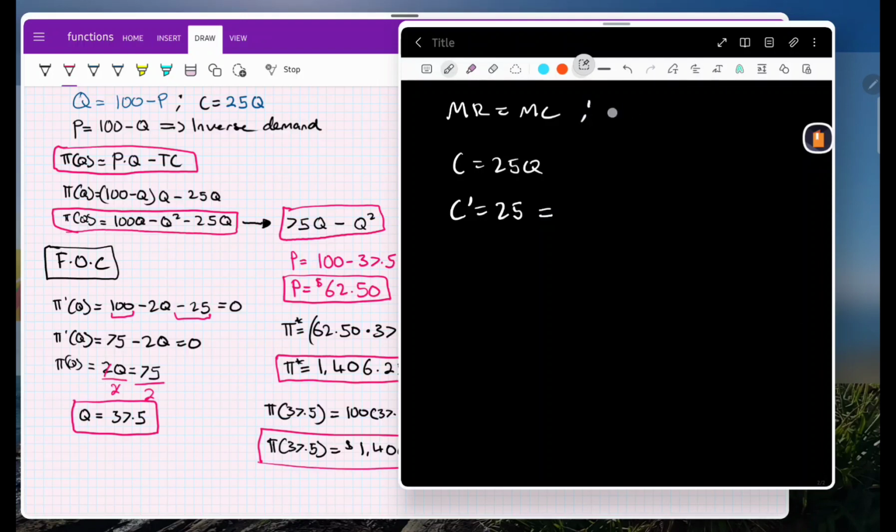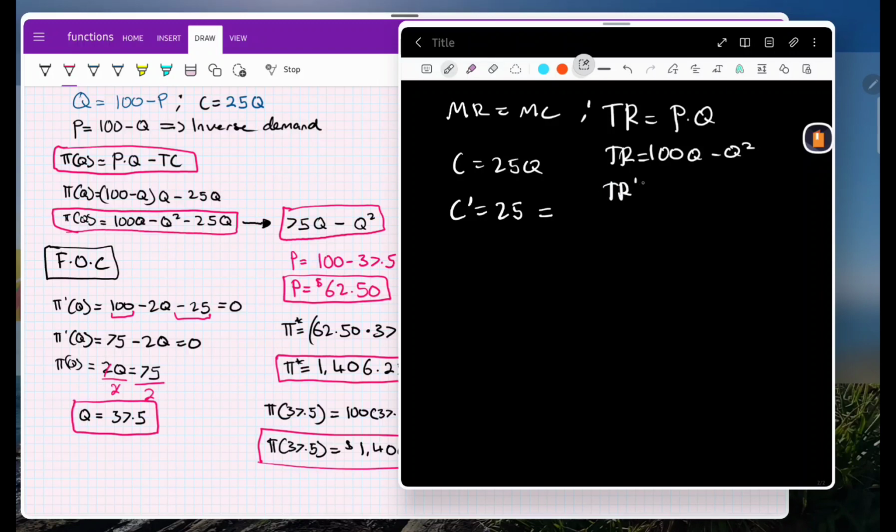So you have your total revenue equal to price times quantity, 100 minus Q all times Q. Distributing that, you get your total revenue function.